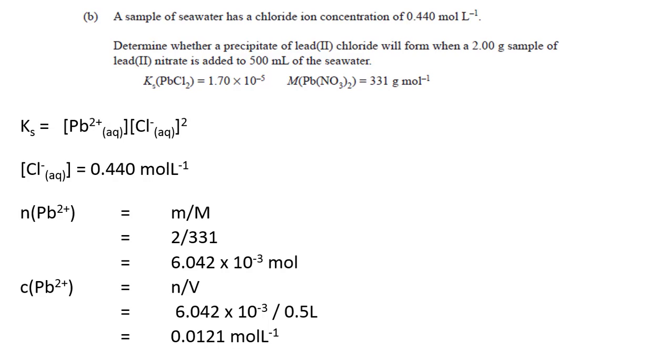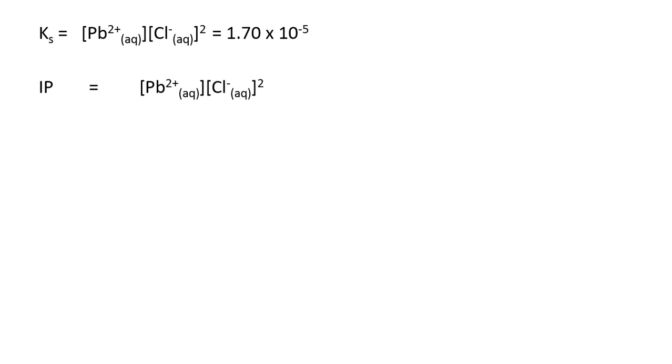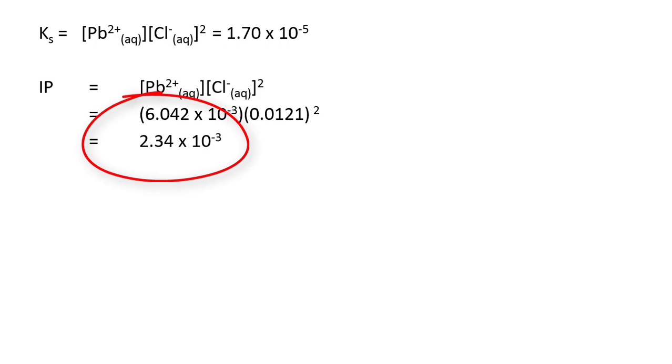Now just remember to put your volume into litres, so the 500 mL is half a litre, and that gives us a concentration of 0.0121 moles per litre. So once we've got those concentrations, we just need to substitute them into our ionic product expression. So we do that here, and we get an answer of 2.34 times 10 to the negative 3.